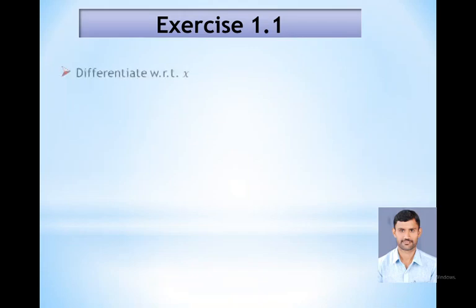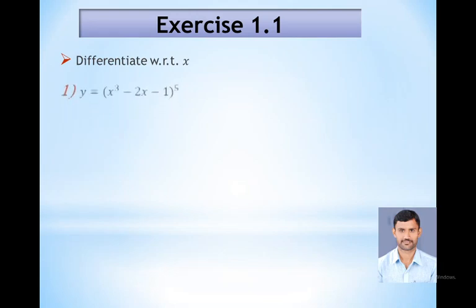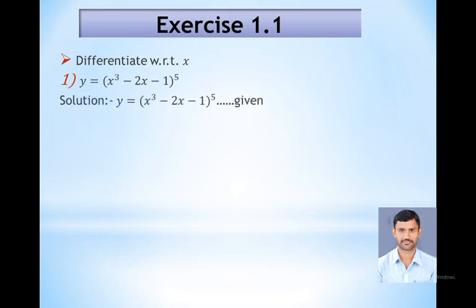Now, problem. First example, differentiate with respect to x. First problem is y is equal to, in bracket, x cube minus 2x minus 1, bracket raised to 5. We are given that y is equal to (x cube minus 2x minus 1) raised to 5.